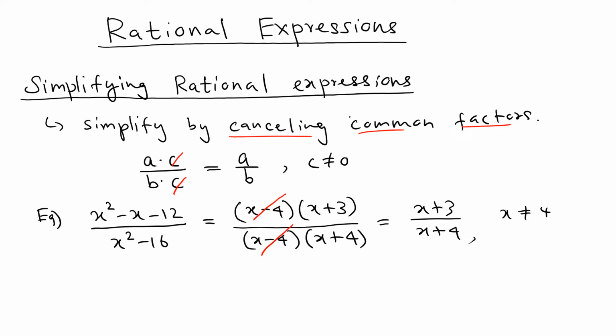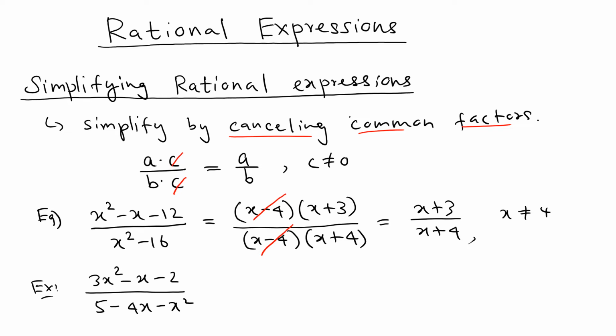Okay, so that's how you simplify these rational expressions. You can try this as a practice problem: 3x squared minus x minus 2 divided by 5 minus 4x minus x squared.